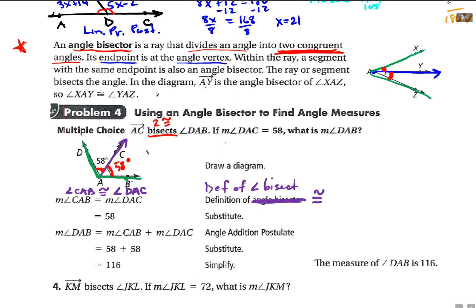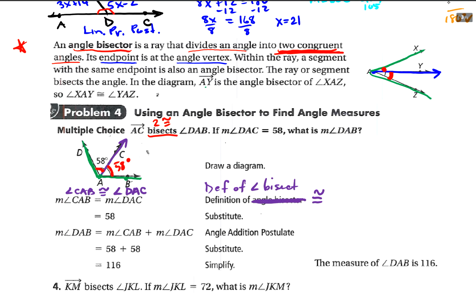So our angles are congruent because that is the definition of bisect, right? Bisect tells us two congruent parts. So our angles are congruent, and our measures are congruent by the definition of congruence. Congruence means equal segment length or equal angle measure. And so 58 equals 58.